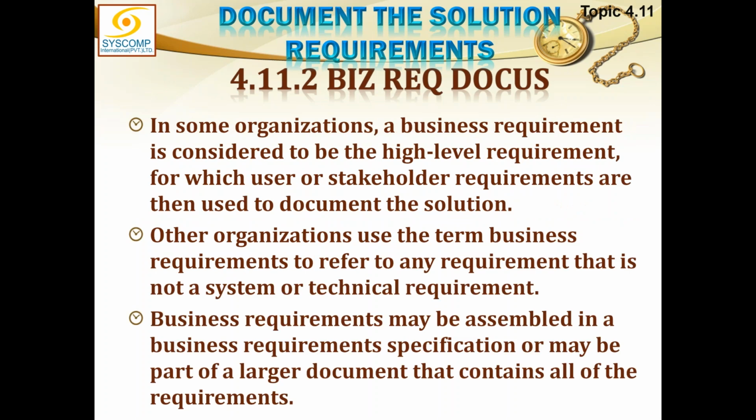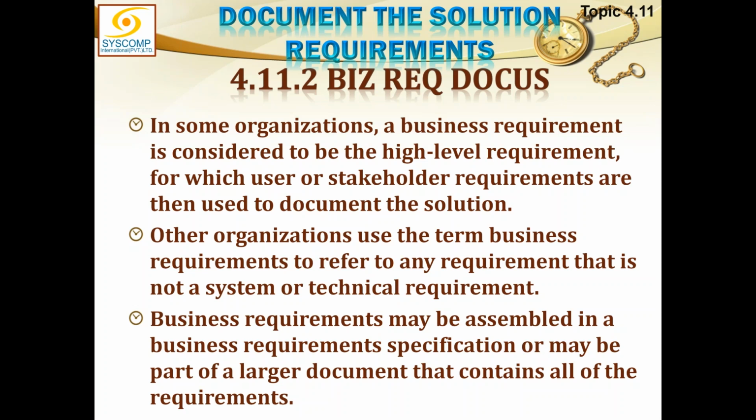In some organizations, a business requirement is considered to be the high level requirement for which user or stakeholder requirements are then used to document the solution. Other organizations use the term business requirements to refer to any requirement that is not a system or technical requirement.